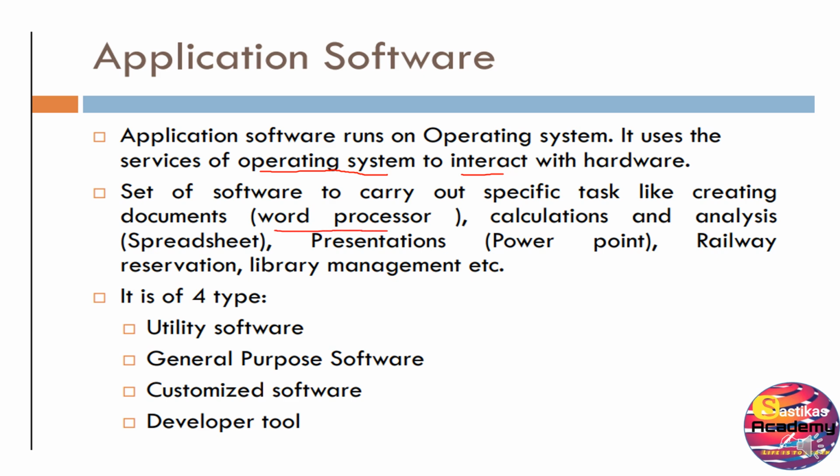We open MS Office and create word processor documents, calculations, spreadsheets, presentations, library management, database, reservation, everything we are doing. With the help of the operating system, this application software uses some services like storing and retrieving. Application software is of four types: utility software, general purpose software, customized software, and developer tools.